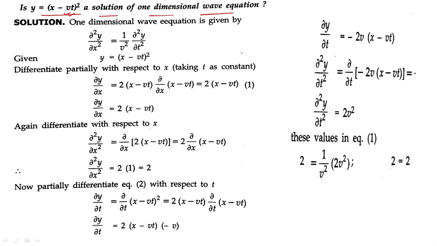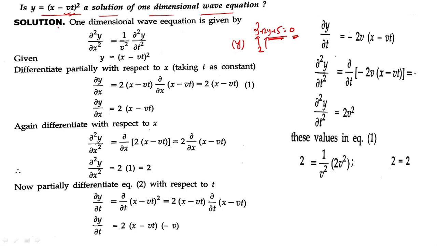Suppose y is a solution, then it should satisfy the differential equation, that is the most important condition. Suppose there is an equation y square plus 2y plus 5 equal to 0. Suppose the solution of this equation is 2. That means 2 must satisfy the value of y. If we put value 2 in this equation, then we get the answer 0. So the solution must satisfy the differential equation.